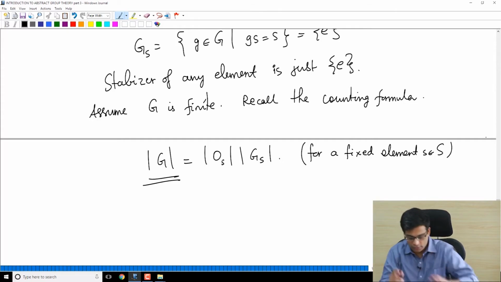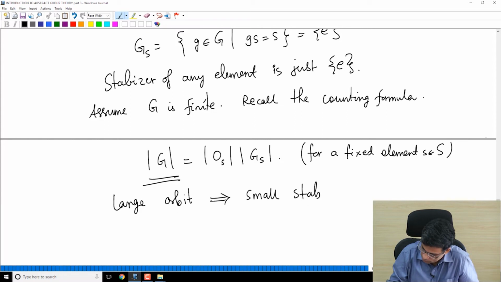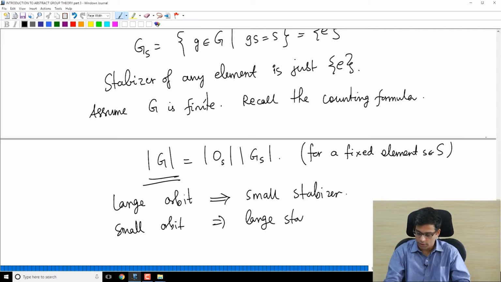So a large orbit, loosely speaking, implies a small stabilizer. A small orbit implies a large stabilizer.